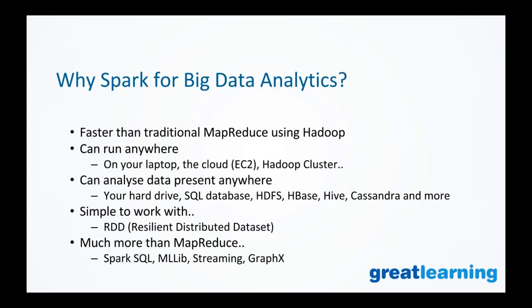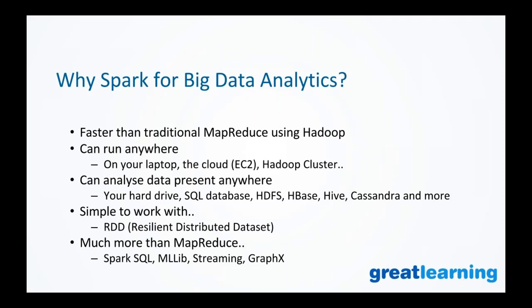The next reason why Spark shines is it can run anywhere. What do I mean by that? Spark can run on your laptop, which is what I am doing for this webinar. I'm just using the laptop from which I'm presenting, and Spark is going to run on it and derive insights from the data that I'm going to point it to.